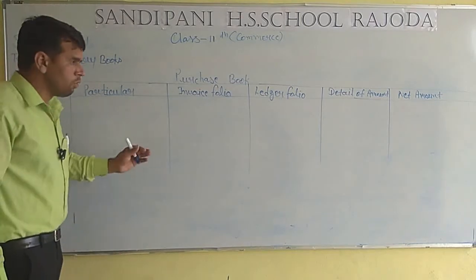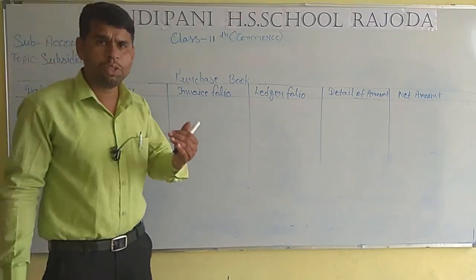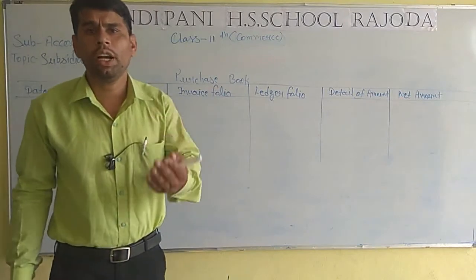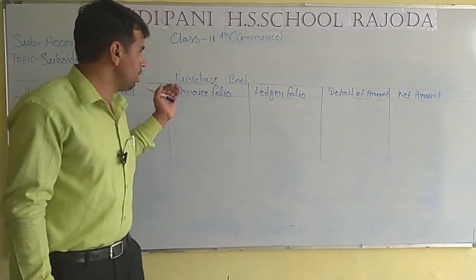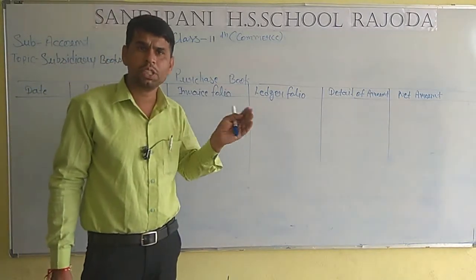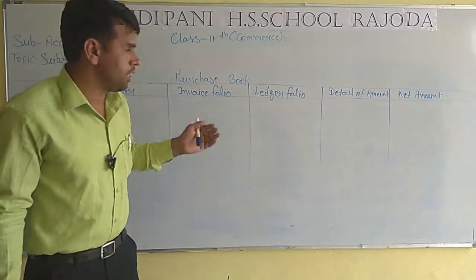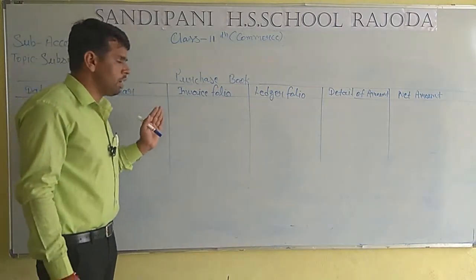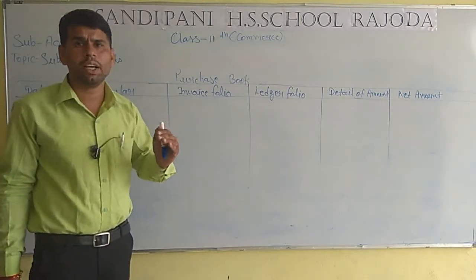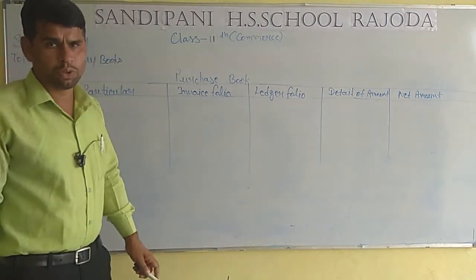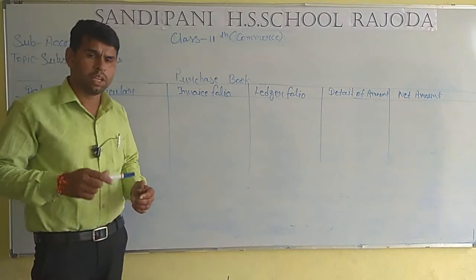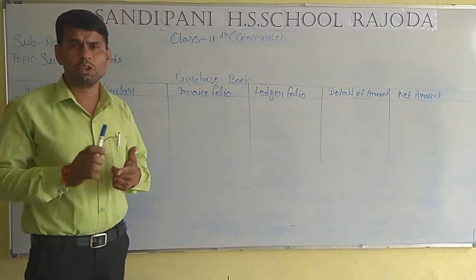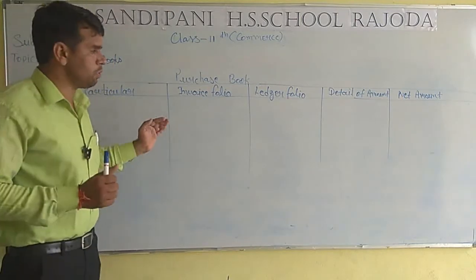Now we will know which transactions we can't write in the purchase book, and which transactions we will write in the purchase book. First of all, we will learn which transactions we can't write. First, cash purchase. Cash purchase of goods we will not write in the purchase book.